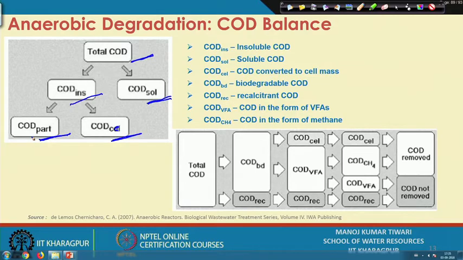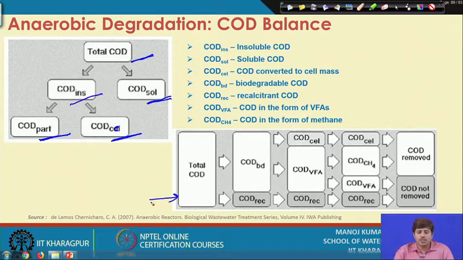Now, the total COD which enters the system would be of two types: the COD which is biodegradable, say COD BD, and the COD which is recalcitrant, meaning which cannot be degraded by microorganisms.